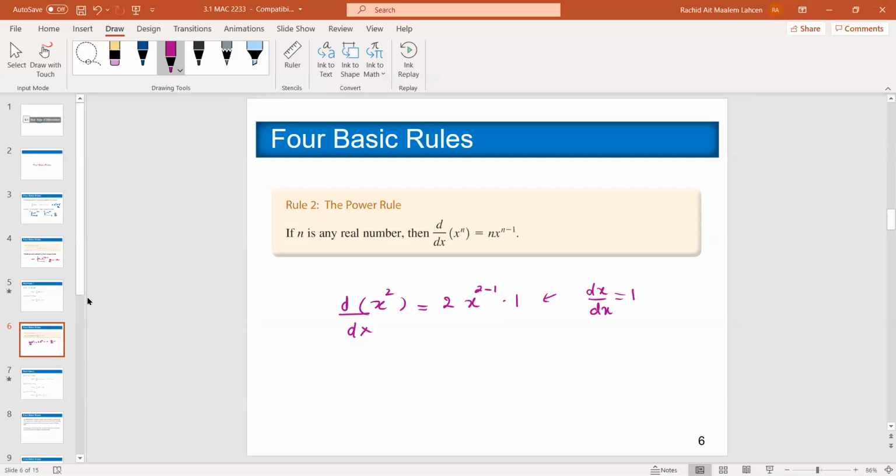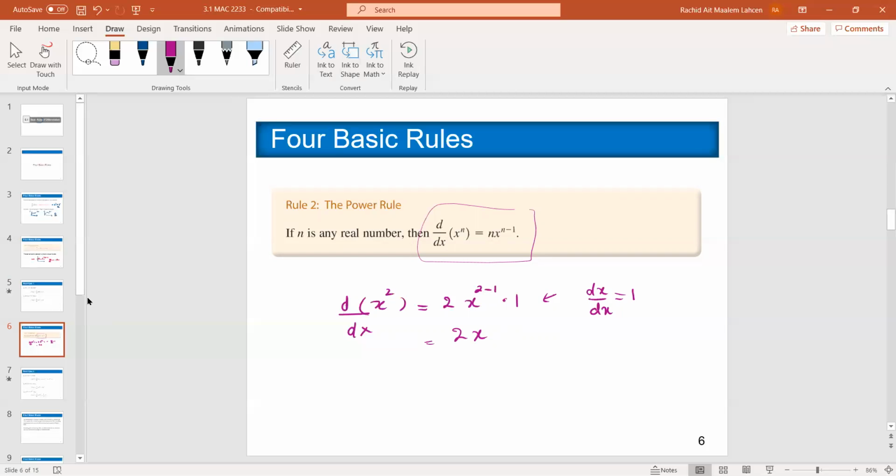It's good to just know it as we move on. Right now, the formula is simple, but seeing it now will help you understand it later when you cannot use this. So dx over dx is 1. Usually it's multiplied by dx over dx, which is 1. So it's just 2x, right?